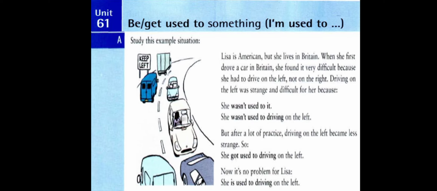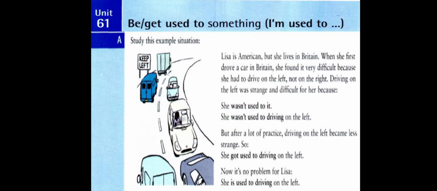But after a lot of practice, driving on the left became less strange, or in other words, driving on the left became familiar. She gradually started to feel okay. She gradually started to drive on the left, and she got used to driving on the left.